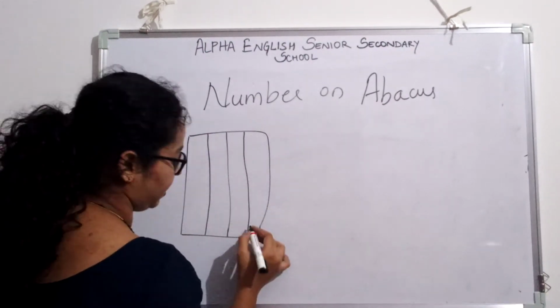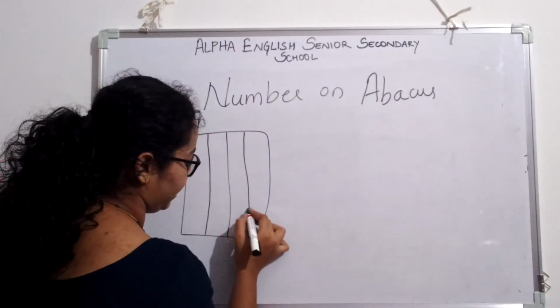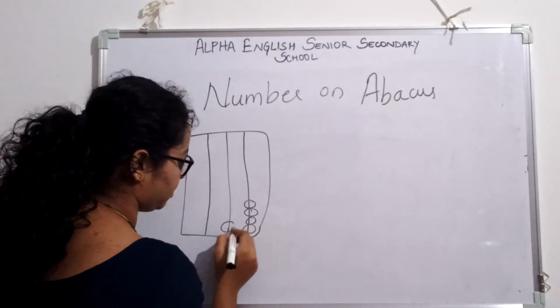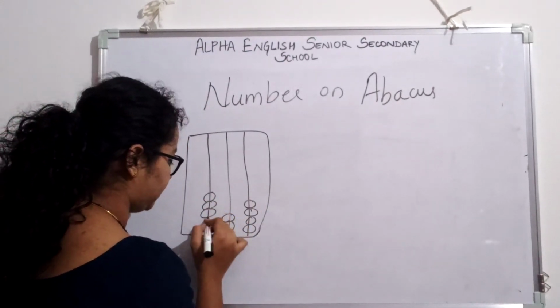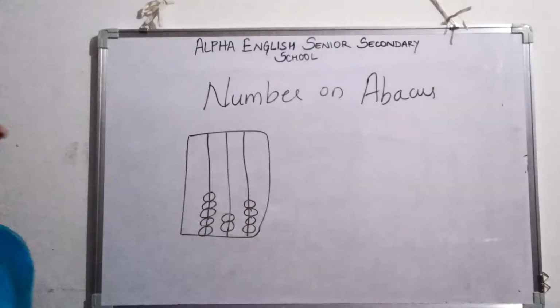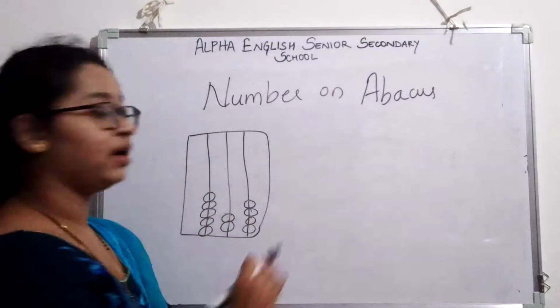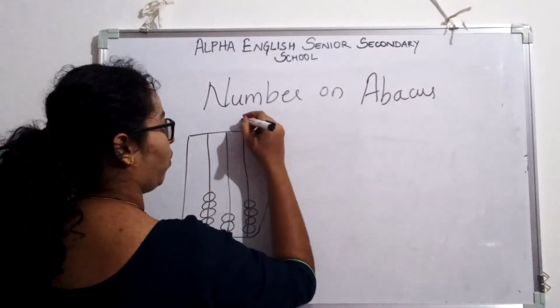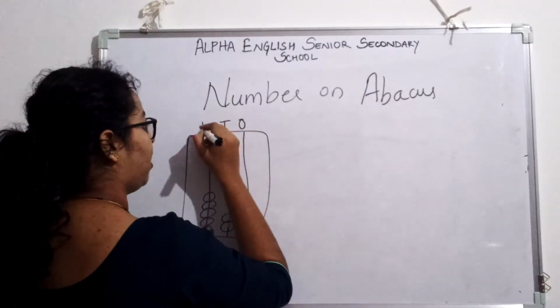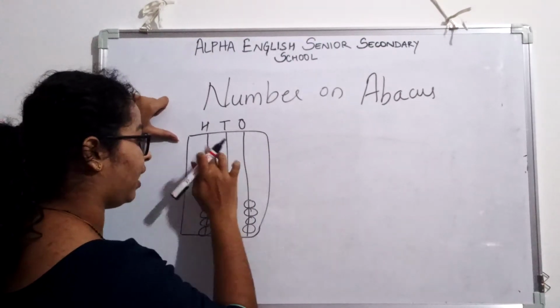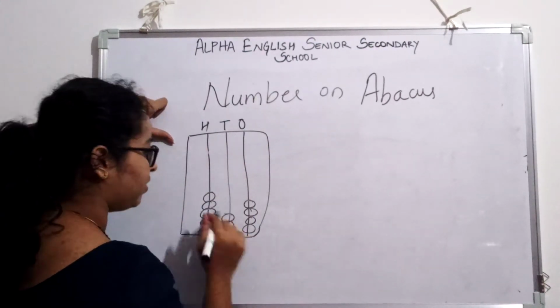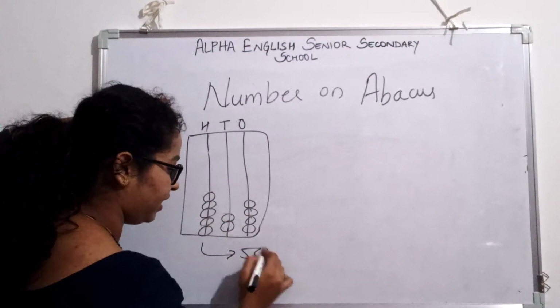If the first string has 4 beads, the second has 2 beads, and the third has 5 beads. We first label these strings as ones, tens, 100. How many beads are there in the 100 string? 5, that means 500.